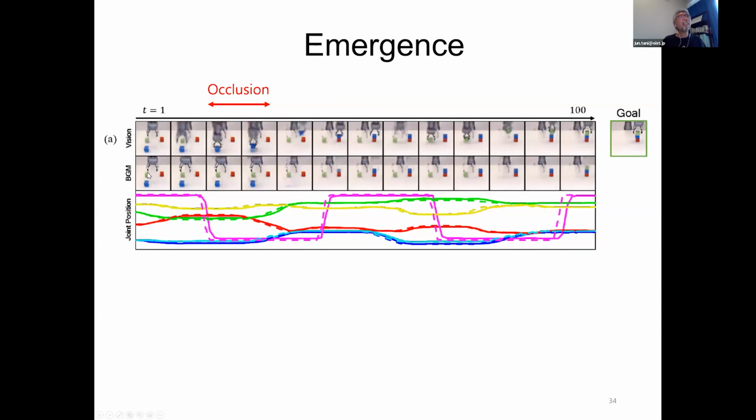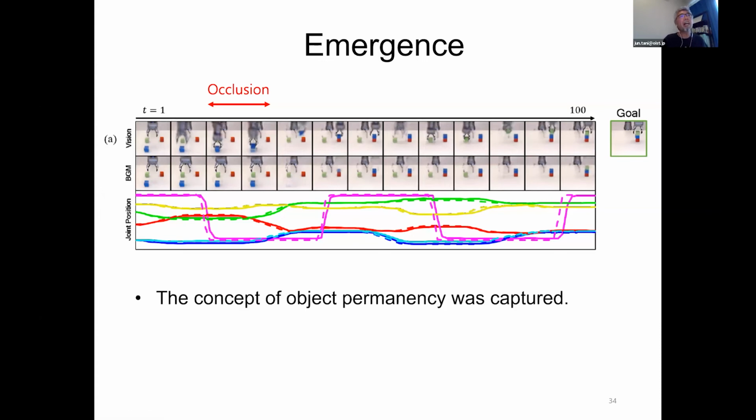So you see the chunking. First, I would say that the concept of object permanence was captured. Even though the green one cannot be seen, if you don't touch or move the green one, then the green one is still there. That looks like it developed.